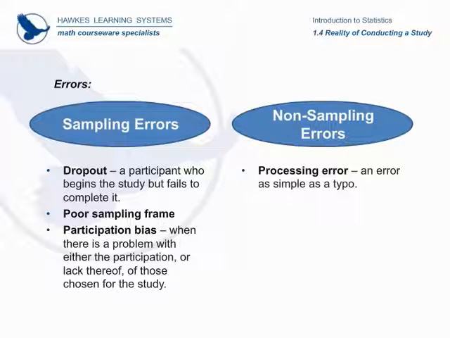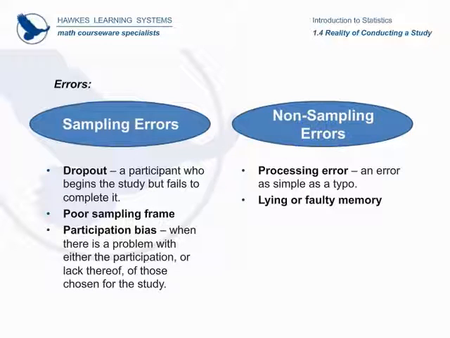Next, let's look at non-sampling errors. And those are processing errors, or an error as simple as making a typo. There also is lying or faulty memory.